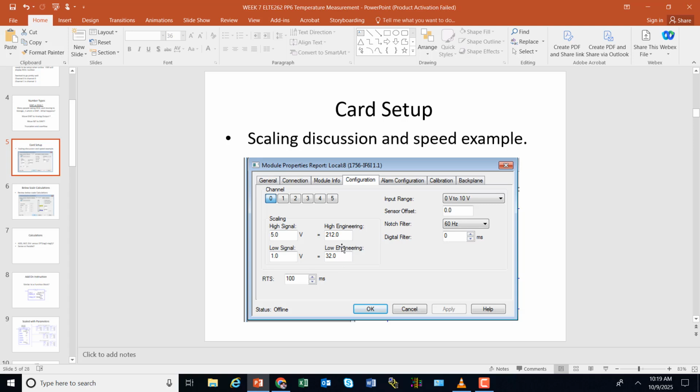So we put 32 to 212 in and said convert it back to 1 to 5, and we basically brought the voltage back. When we set the meter to about straight up and moved it real accurately to about 5 volts, about 212 degrees, the scale with parameters showed that, yeah, that's about 5 volts. So we were just going in reverse of what this did, and hopefully that helps you see that that's what the card does.